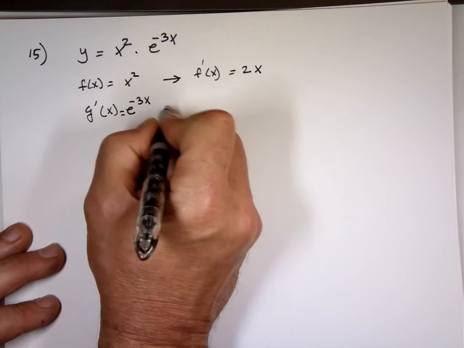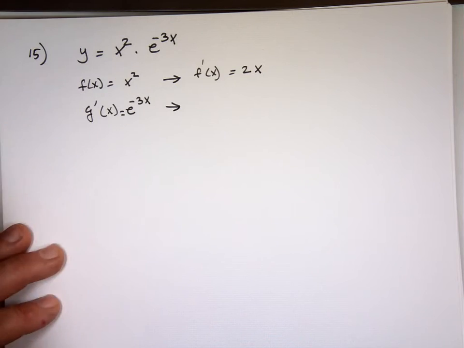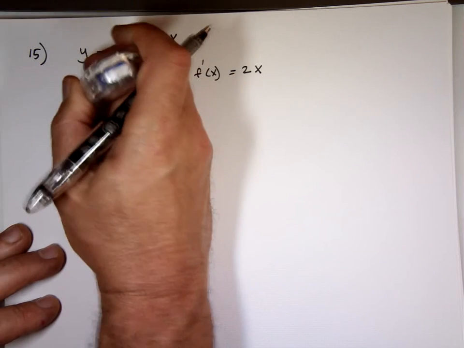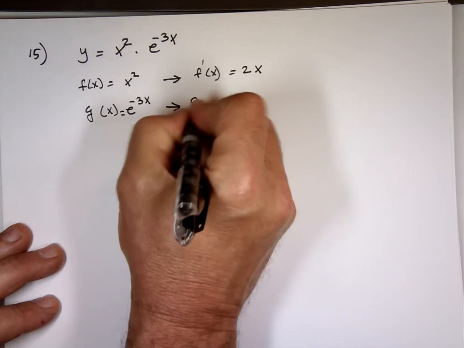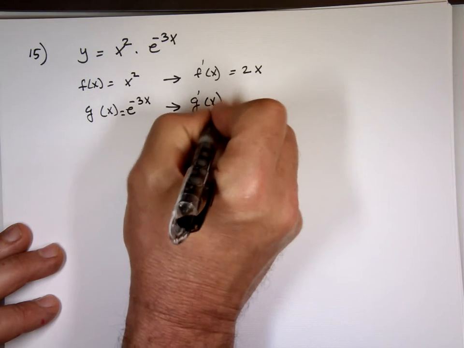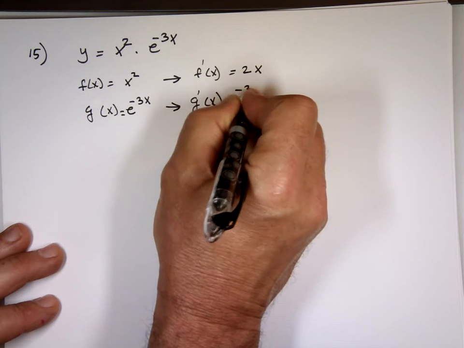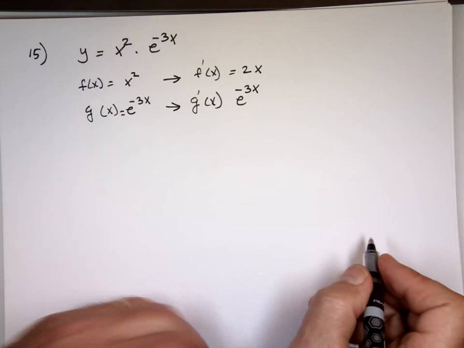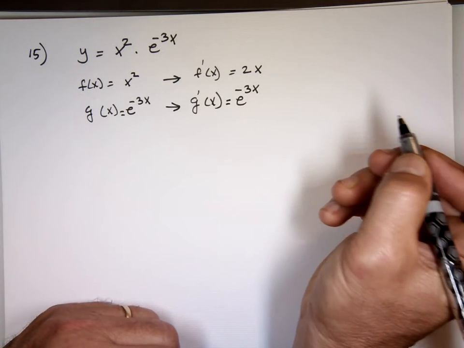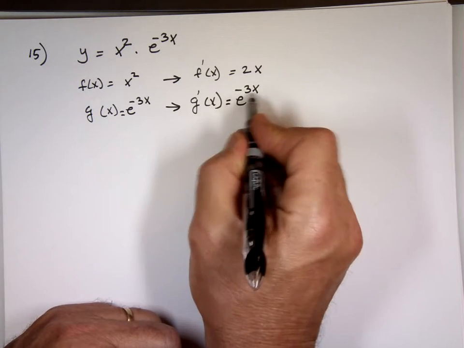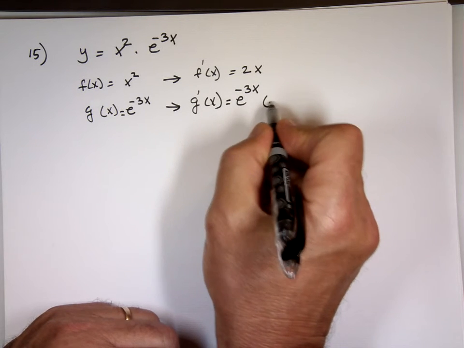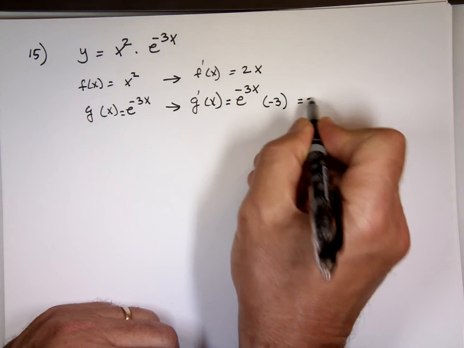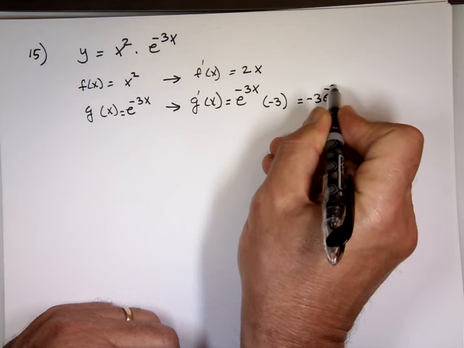What's the derivative? Oh, that's g, not g sub prime. What's g sub prime? E to the negative 3x times the derivative of this, which is negative 3. The derivative of e to the u.